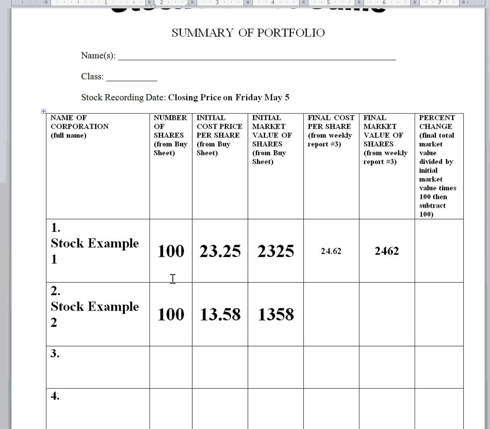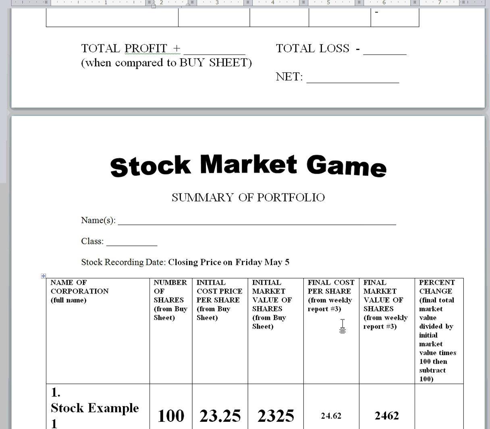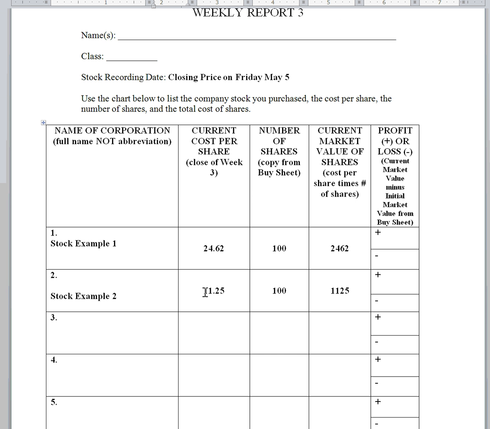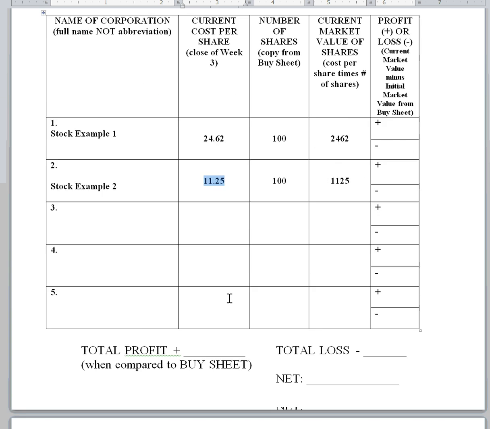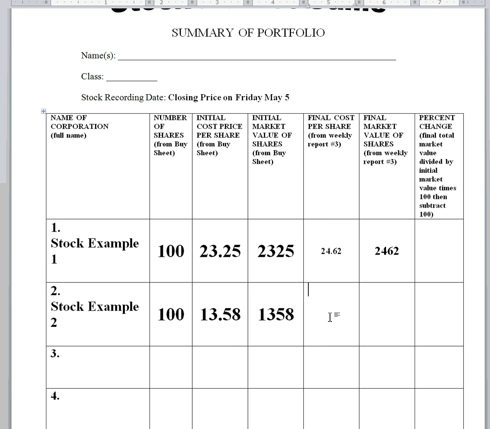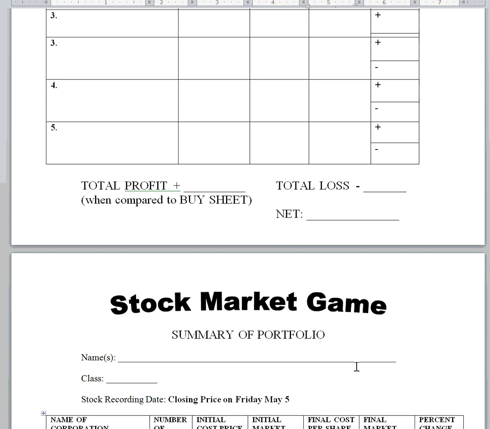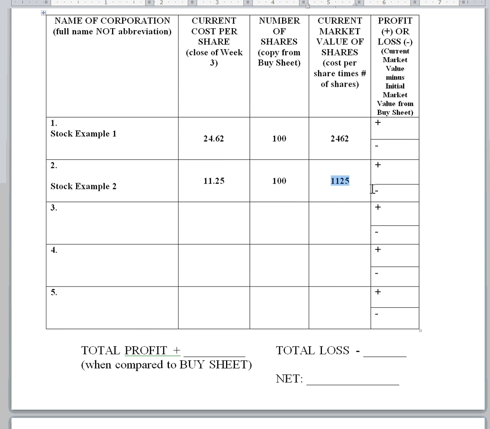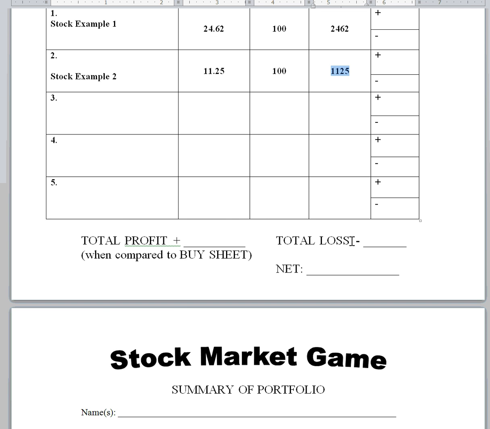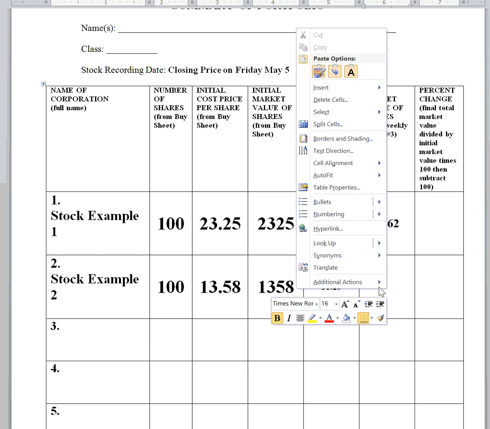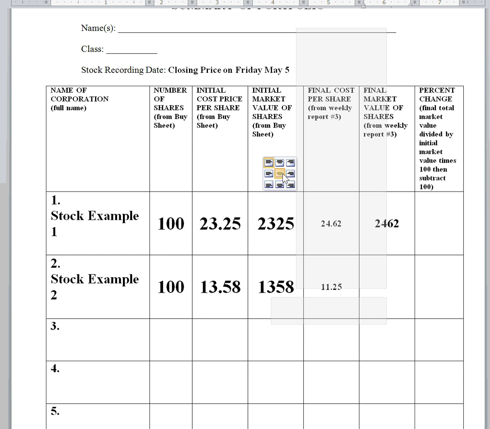So there's stock example 1, there's stock example 2, and then I'm going to go to my weekly report 3, copy the price of my stock example 2, and copy the price that it is now worth. I chose easy numbers with 100. Yours are not going to be quite as easy, but that's okay. It's literally just copying down things from other places.